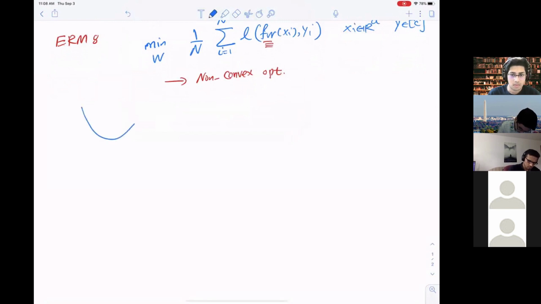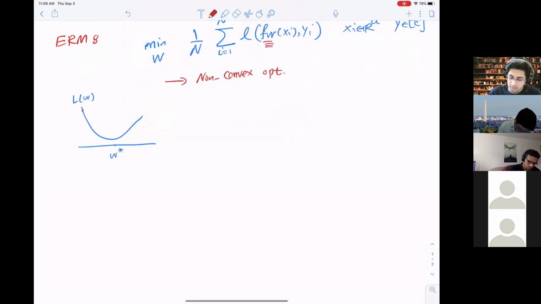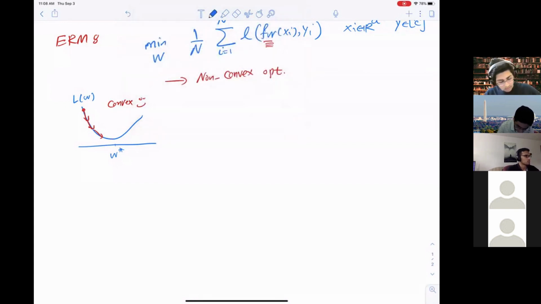If we had a convex loss, if my loss was like this, I was very happy because I can use gradient descent or stochastic gradient descent, follow the negative direction of my gradient, and eventually converge to W star. And this was good, we were happy. But in the non-convex case, we argued that the loss can be very complicated.